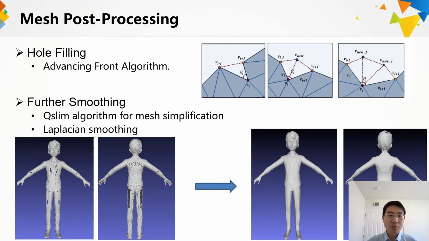After that, we perform further smoothing. We use the Q-slim algorithm for mesh simplification, and we perform Laplacian smoothing. Now we can get very good meshes that fill in most of the holes and have very smooth results without losing the details, for example, like the fingers.